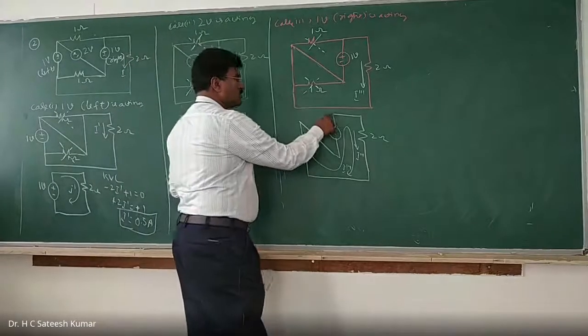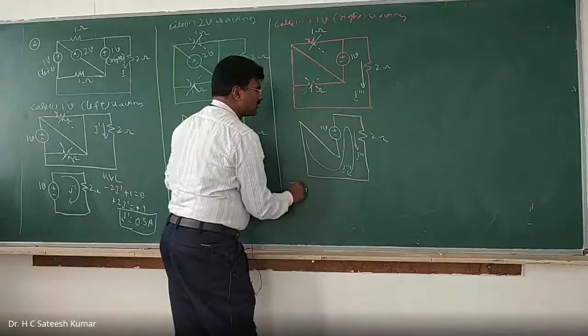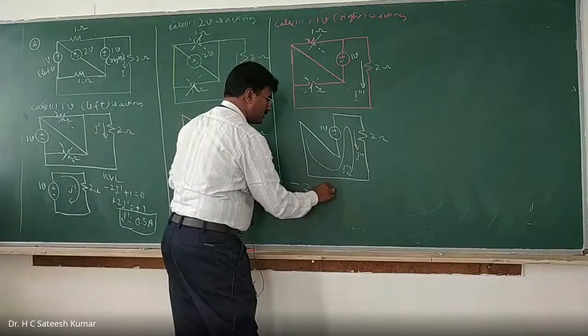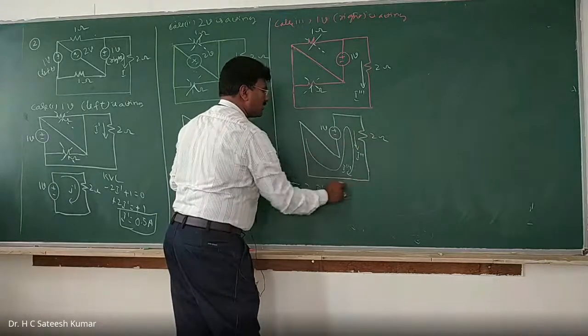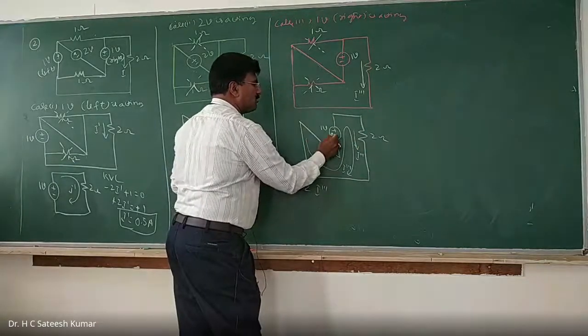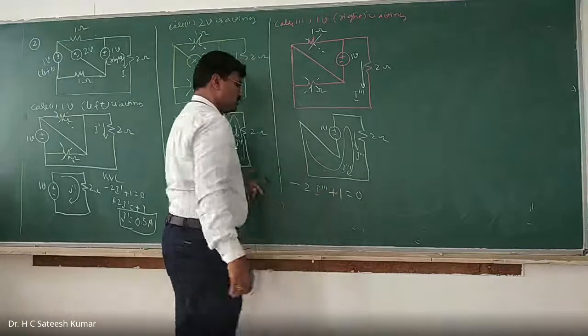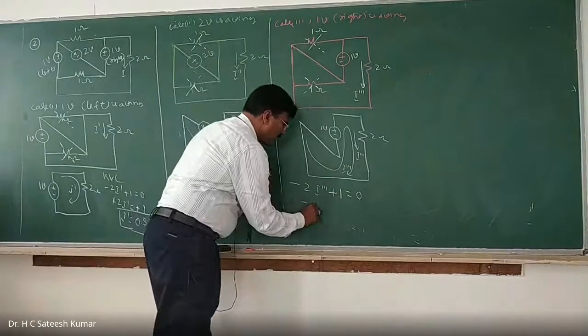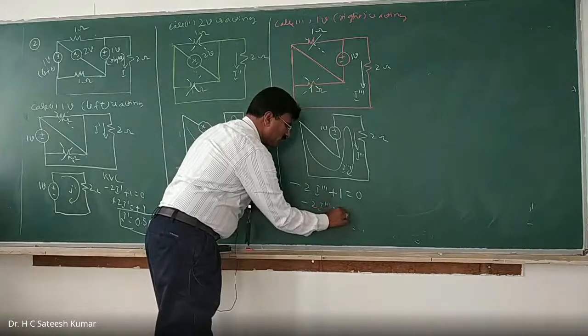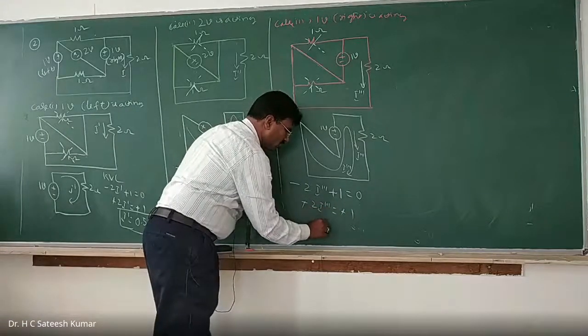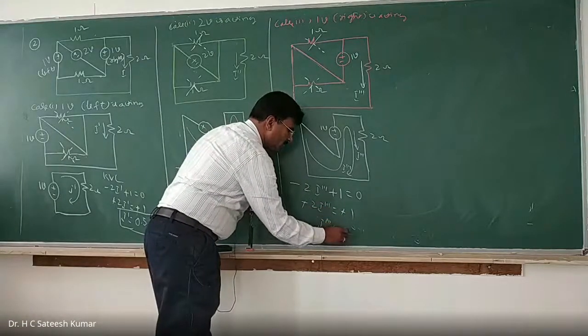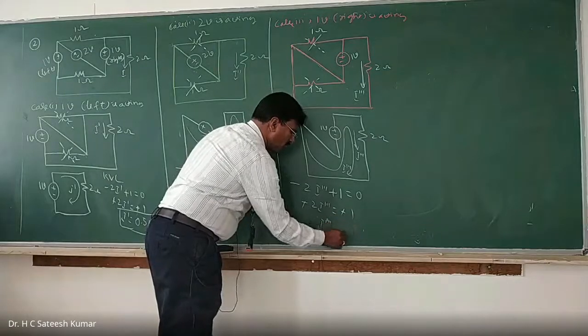So start from this point, minus 2 into I triple dash. Now it is going like this. Minus 2 I triple dash plus 1 is equal to 0. Therefore, minus 2 I triple dash is equal to minus 1. Therefore, I triple dash is equal to, what is that we have? 0.5.